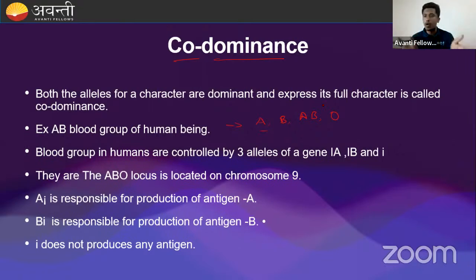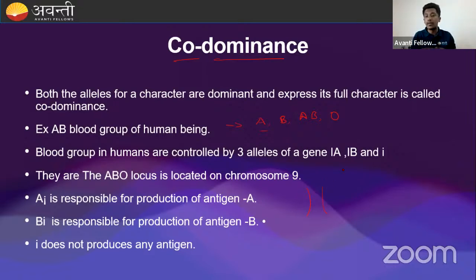So what are these A, B, and O? These are the blood groups that are assigned to an individual based on the type of blood antigen that is present on the surface of your red blood cells. When you look at your red blood cells, they have the plasma membrane.